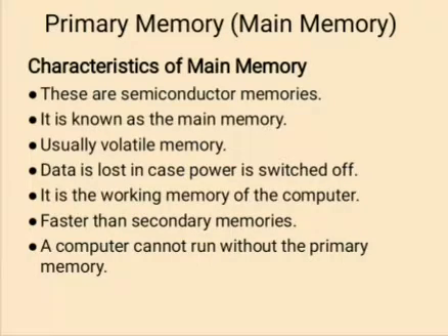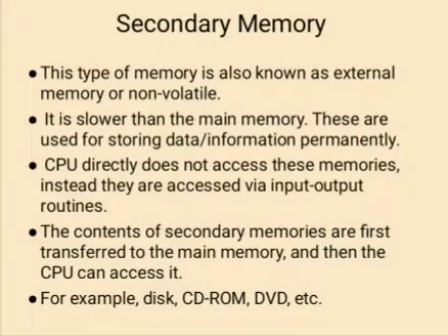It is the working memory of the computer, faster than secondary memory. A computer cannot run without primary memory. So without primary memory we cannot start the computer. So these are the characteristics of main memory.